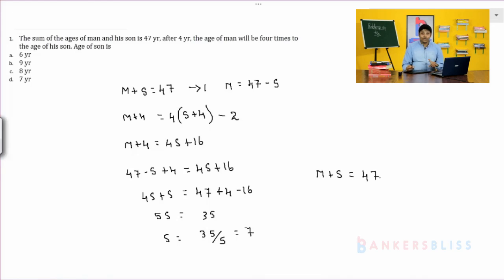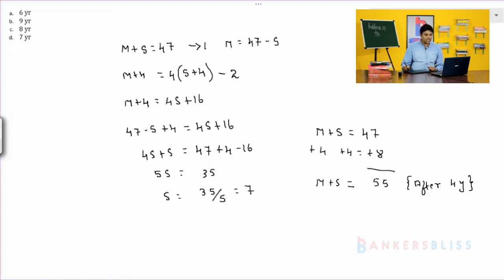After 4 years the man gets 4 years and the son gets 4 years, which is plus 8. So 47 plus 8 is 55. After 4 years the sum of their ages will be 55.